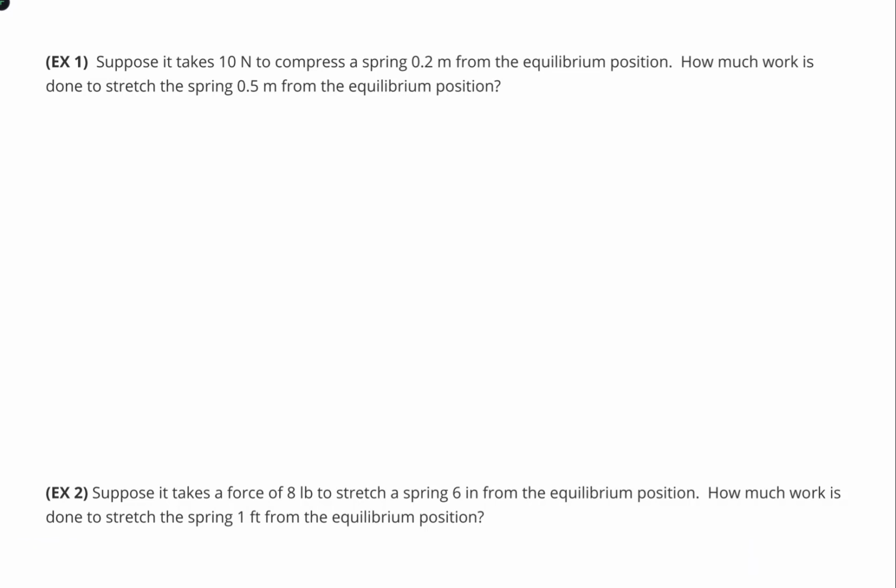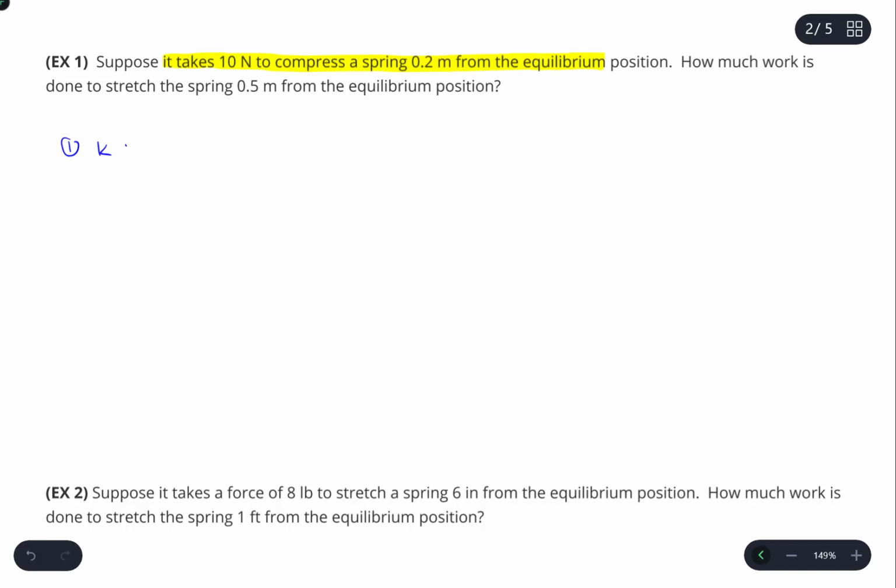Suppose it takes 10 newtons to compress a spring 0.2 meters from the equilibrium position. How much work is done to stretch the spring 0.5 meters from the equilibrium? We're always going to have this hint about some snapshot: how much force is required to move a certain distance. That enables us to figure out the spring constant k.